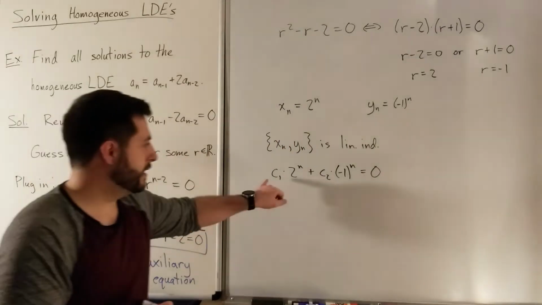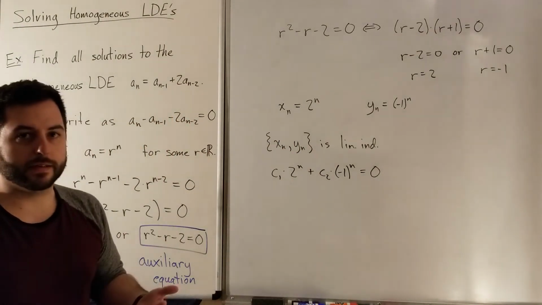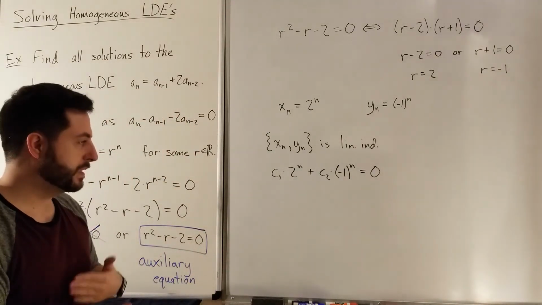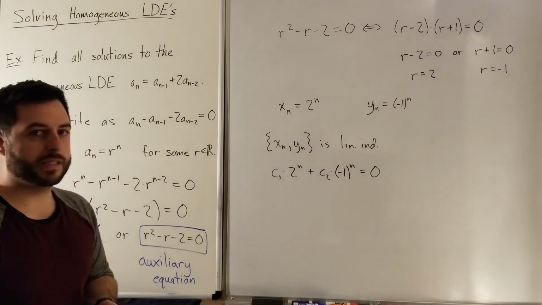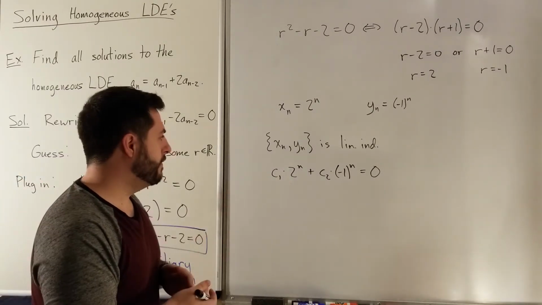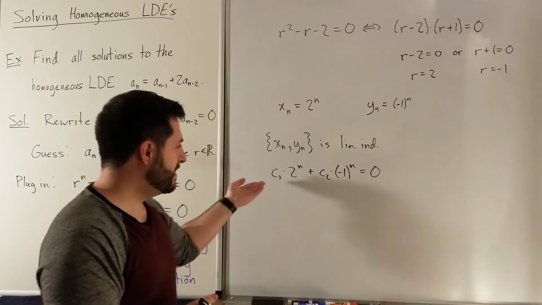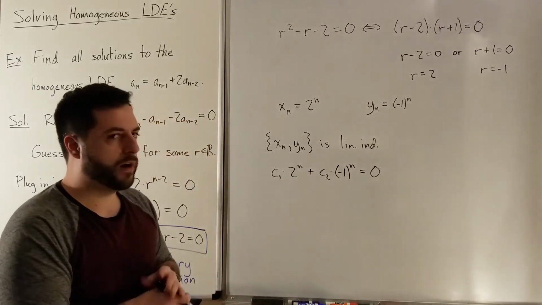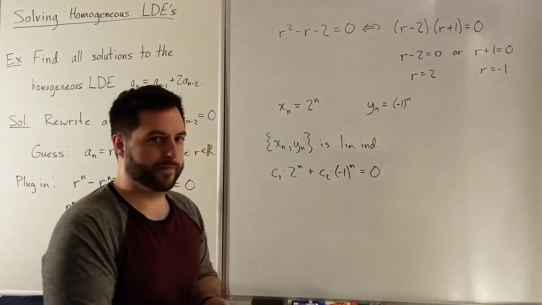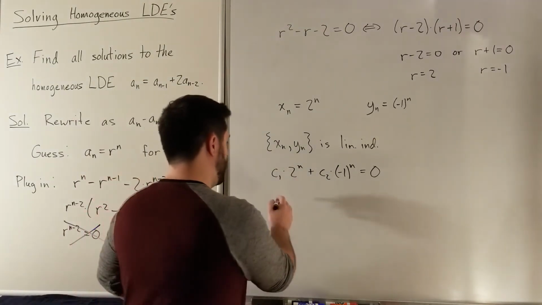And I'm going to try to show that the coefficients must be 0. If this is true, then the coefficients must be 0, which is exactly what it means to be linearly independent. So how do I show that these coefficients must be 0? Well, this is an equation that is true for every value of n.